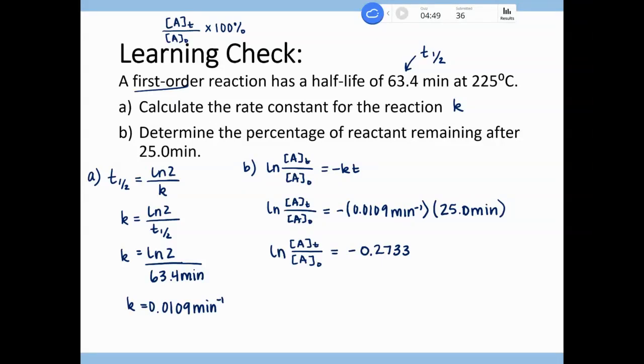We've got the fraction as part of a natural log. We want to get that out of the natural log, so we do the same thing as on the last slide. Raise e to the power of both sides. That gets rid of the natural log, and we just have that fraction left over on the left.